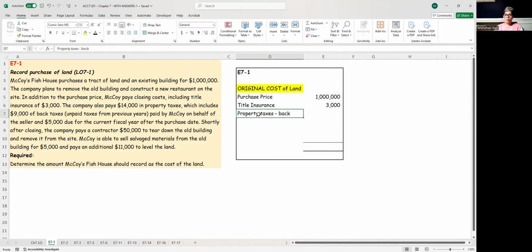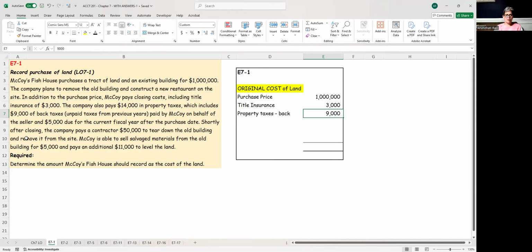The previous owner did not pay taxes, and there's no way I'm going to get the title unless I pay those taxes. Either the owner has to pay it, or the new buyer will have to pay for it. So since I have paid for it, I can add it to the cost of the asset, only the $9,000. So of the 14, $9,000 is going to be added to the cost of land. The remaining $5,000 is going to be expensed in the current year.